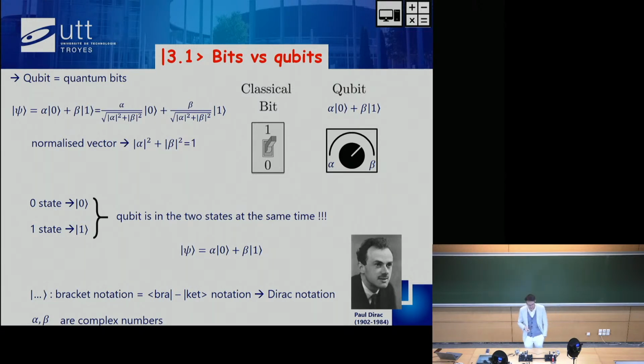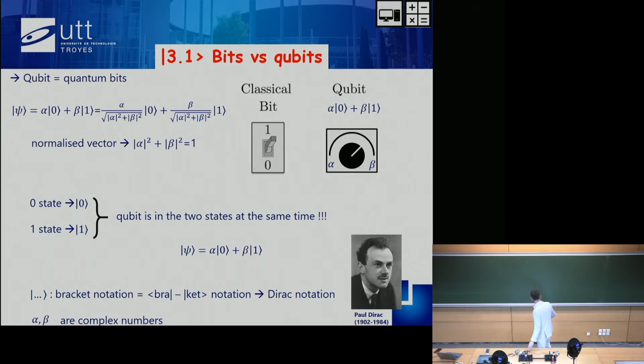We will see that this is very, very important. This is an extremely important property. And this also has some physical meaning to it. We also like to work with normalized vectors or normalized quantities. So in this case, we have this relation that the modulus of alpha squared plus the modulus of beta squared equals 1.